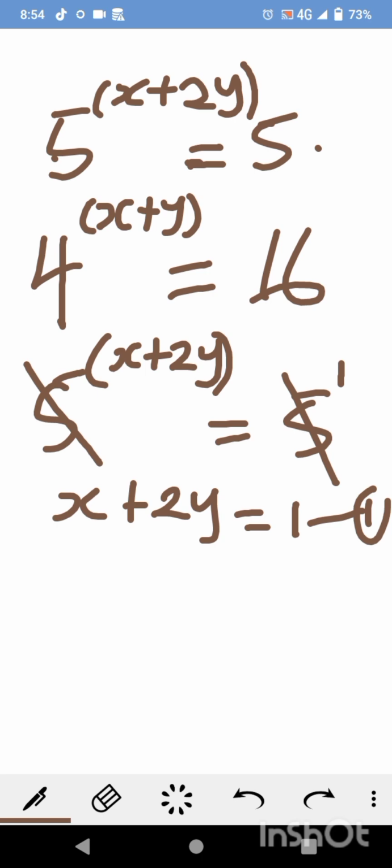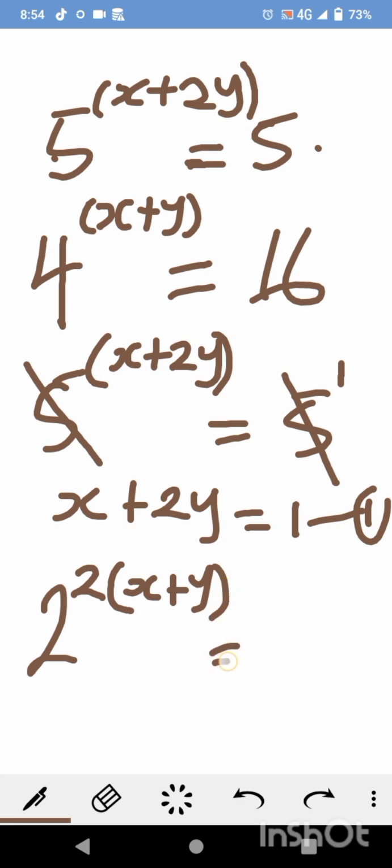Now, to derive equation 2, we have to work on 4 raised to power x plus y equals 16. Our 4 will be 2 raised to power 2, and we express 16 as 2 raised to power 4. The bases can now leave, so we'll have 2 times (x plus y) equals 4.